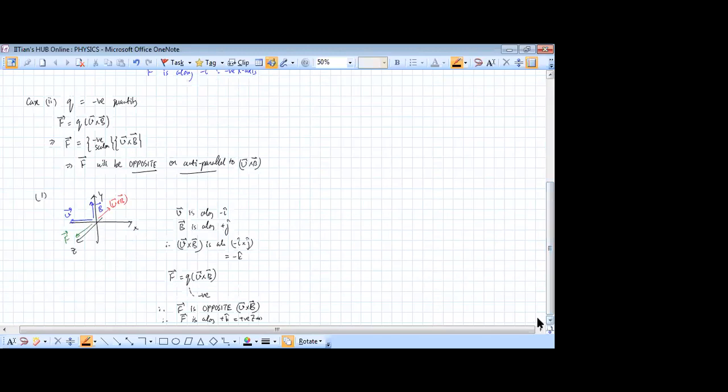So we'll come back to exercise 4. But in the meantime, there's also a doubt from exercise 2. So I'll switch back to that and then come back to exercise 4.